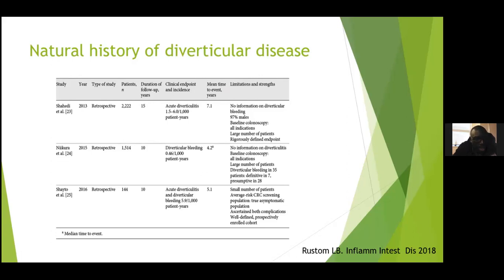And the third study looked at both diverticulitis and diverticular bleeding, and they found about 5.9 per 1,000 patient years developed either diverticulitis or bleeding, and the mean time was 5.11 years.